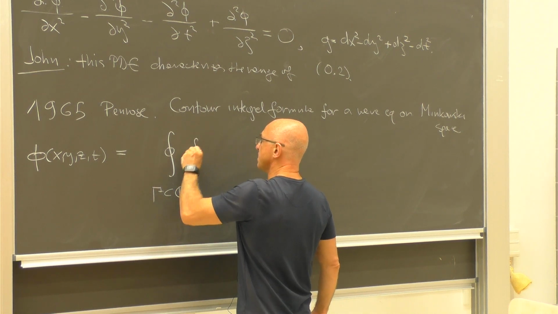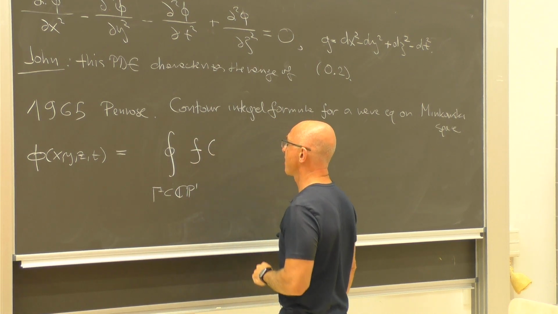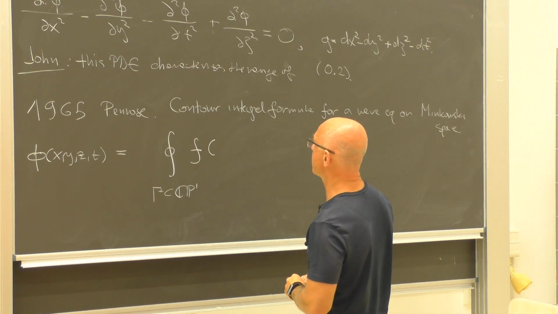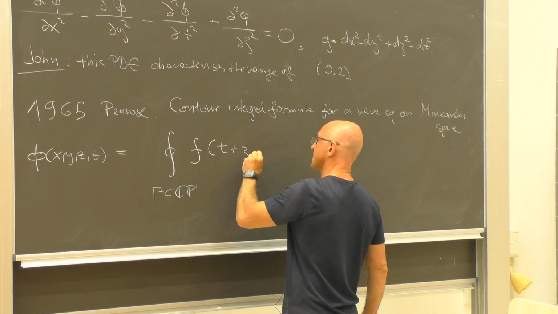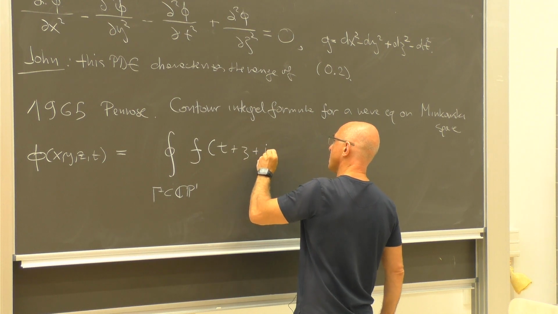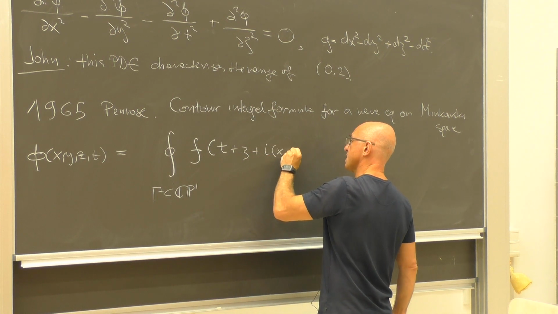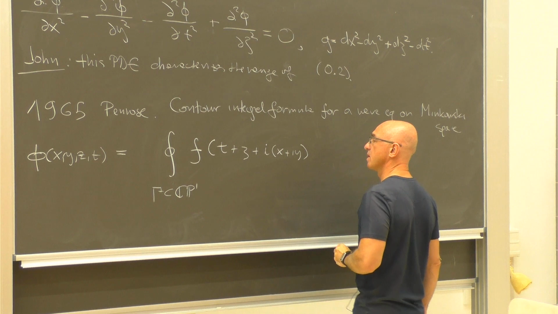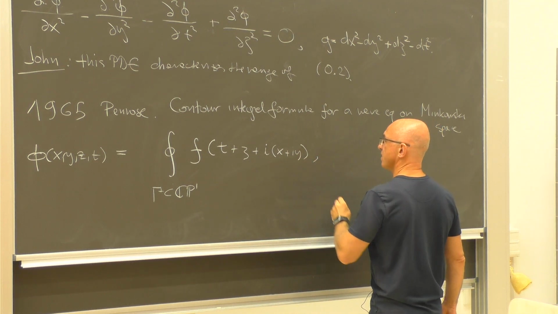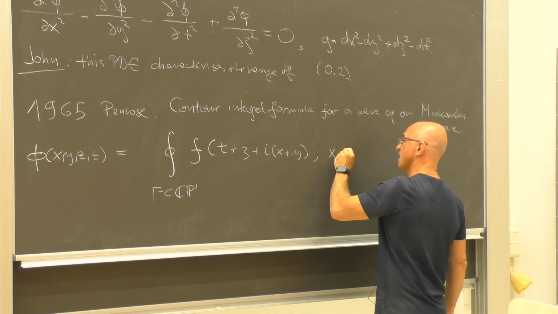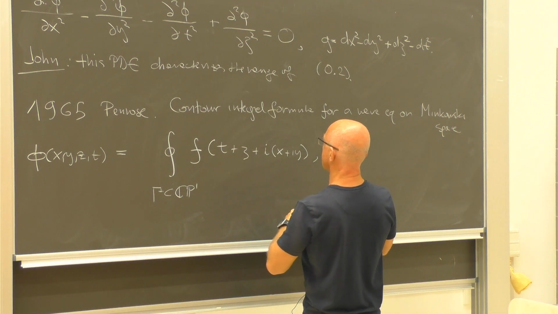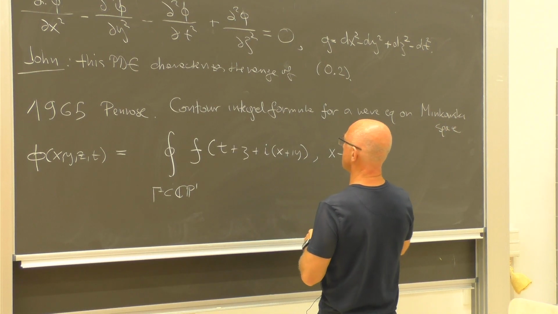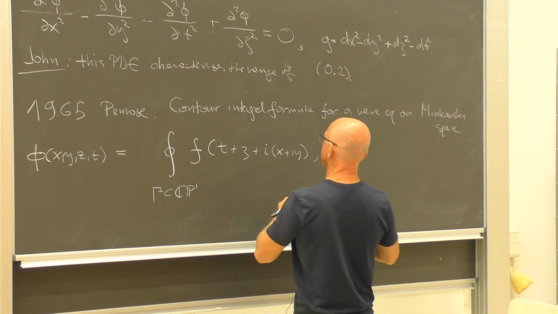And we are integrating f of, I think, t plus zeta plus lambda times x plus iy, and then x minus iy, sorry, let me try to have this right.